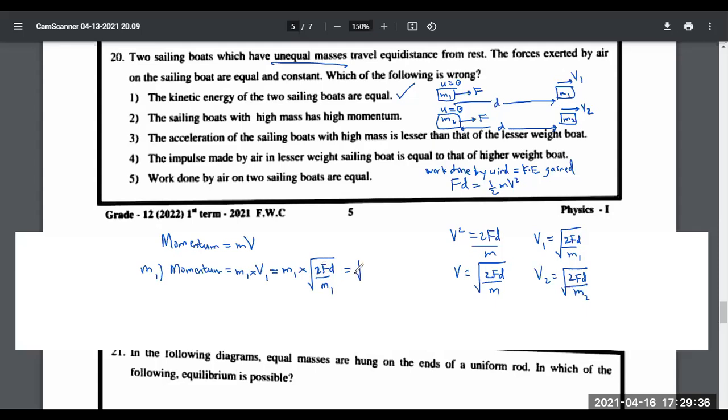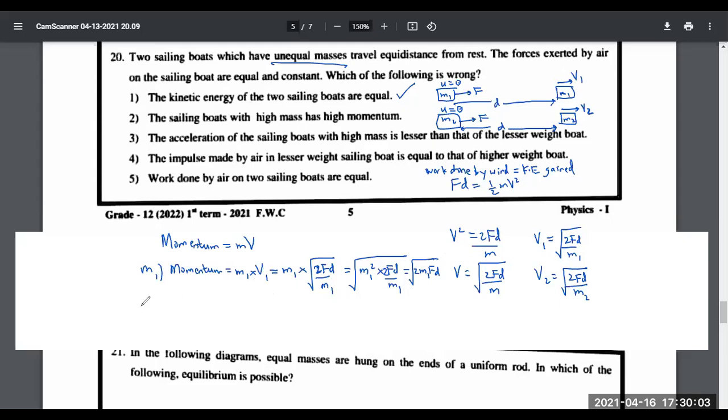So ultimately you will get the square root of 2m1fd. Hope you guys understood that. If you want me to explain it better, we have 2fd over m1, and I take that m1 inside the square root, so it becomes m1 squared into 2fd over m1. Ultimately you get the square root of 2m1fd. That is the momentum of m1.